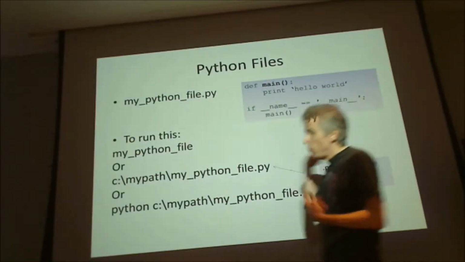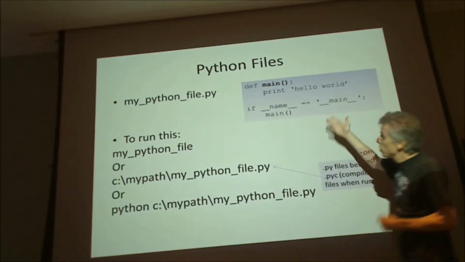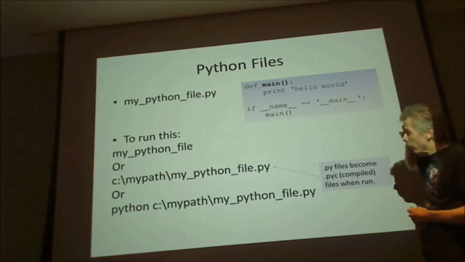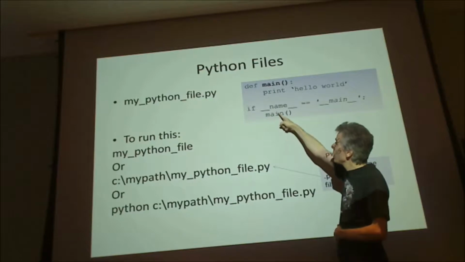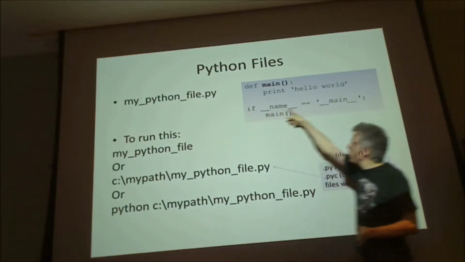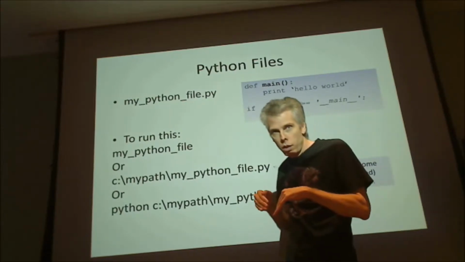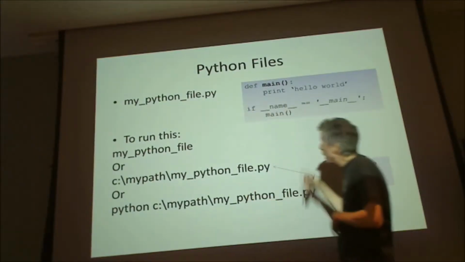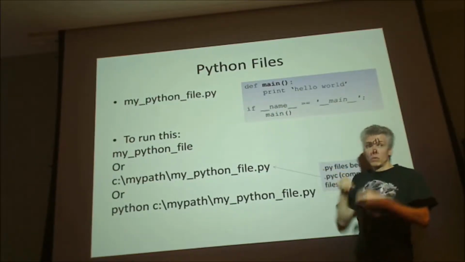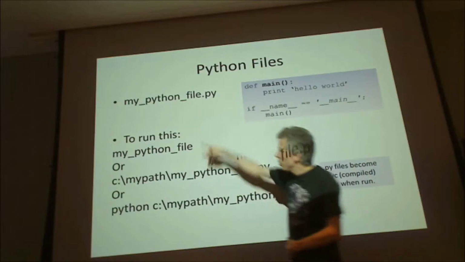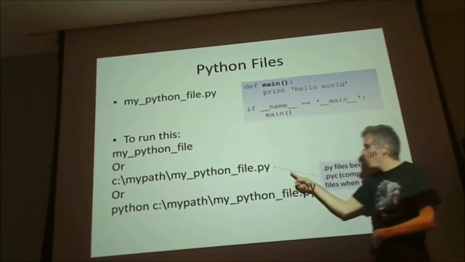You can also, we covered most of this, save it in a file, and it could look something as basic as this. The one piece I talked about previously that I'm going to emphasize here again: if you put this statement at the bottom of your Python file, it will then execute this function upon calling. So here, to run this MyPython file, you just type this, or you can type the whole path.